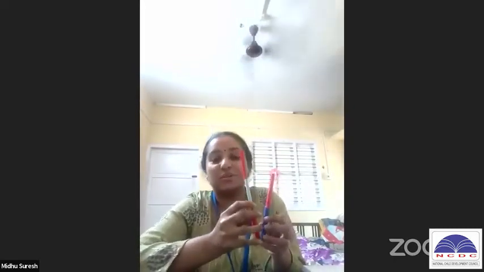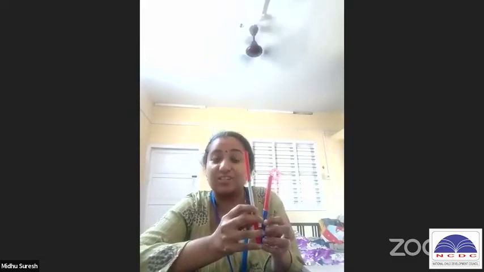Yes, the second number rod. She will be counting 1, 2. So total how much? 5. 1, 2, 3, 4, 5. So the pre-KG students can also study addition very fast using the numbers.